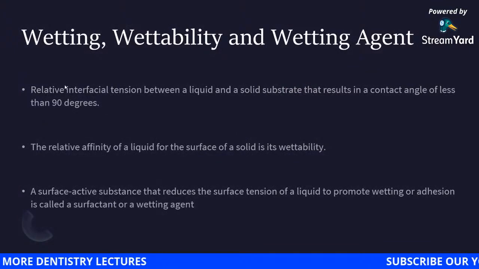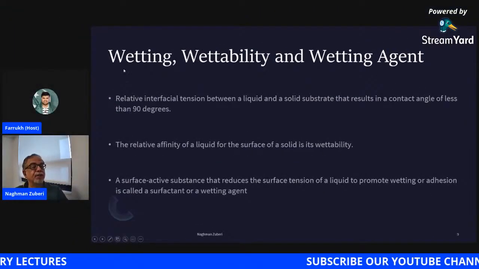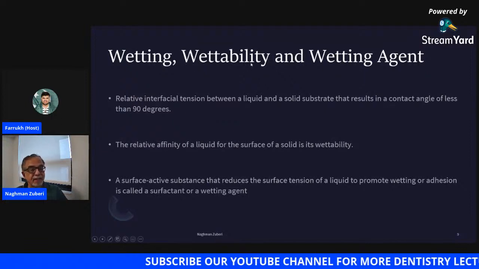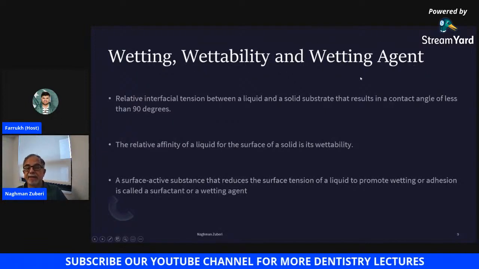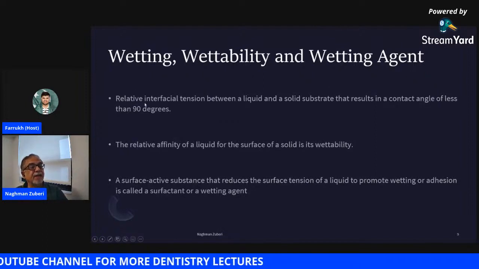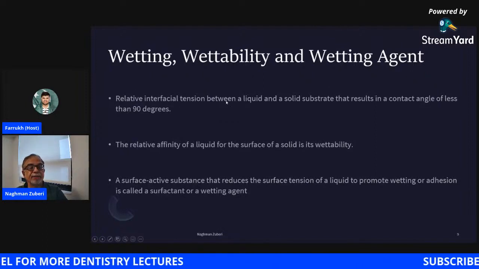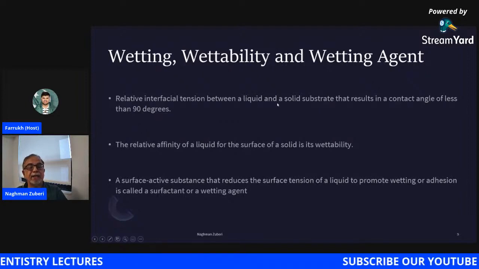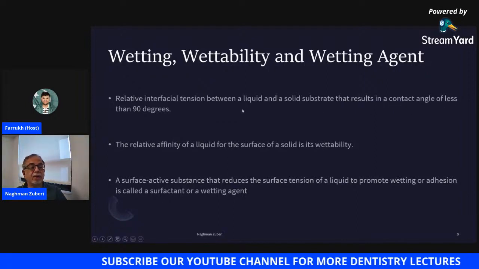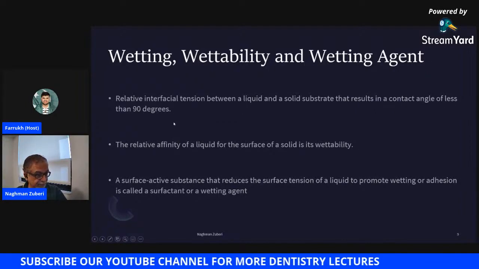Well, when we talk about these things, certain things which come to our mind are wetting of a surface, wettability, and we apply certain wetting agents. Wetting is the relative interfacial tension between a liquid and a solid substrate that results in the formation of a contact angle of less than 90 degrees.